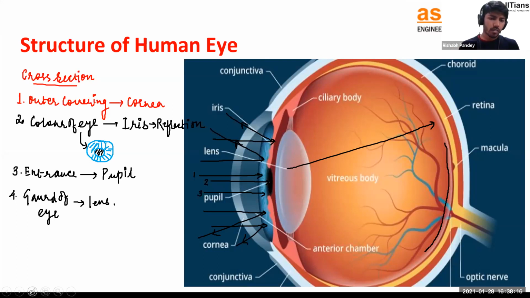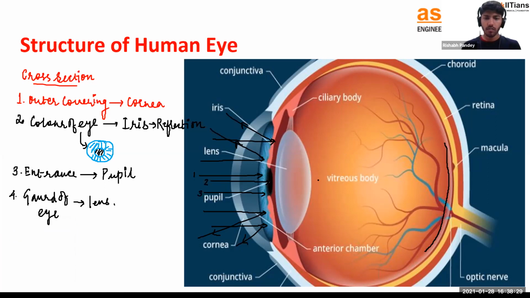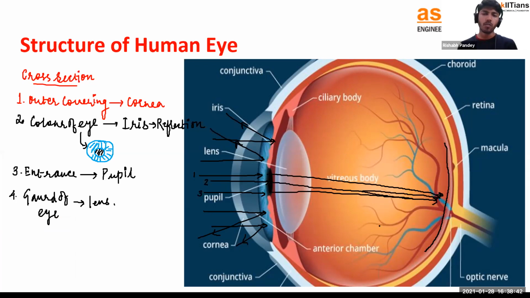So the lens is quite an important thing because it converges all such rays to one single point like this, so that all these three rays which are trying to enter the eye can be fully utilized. So lenses are important.